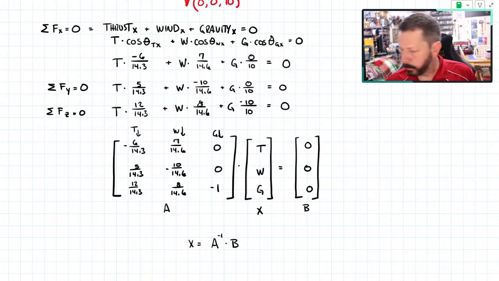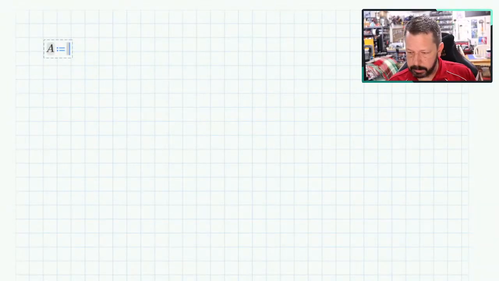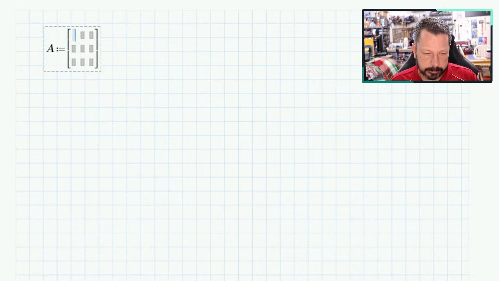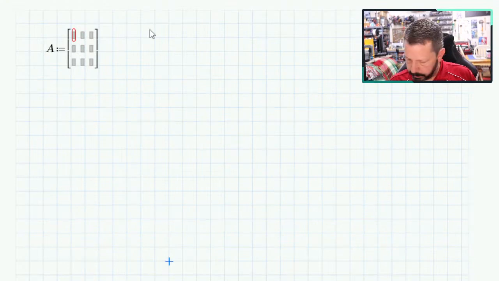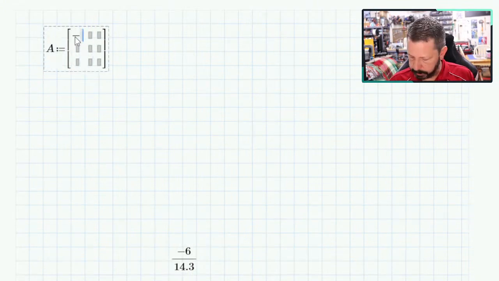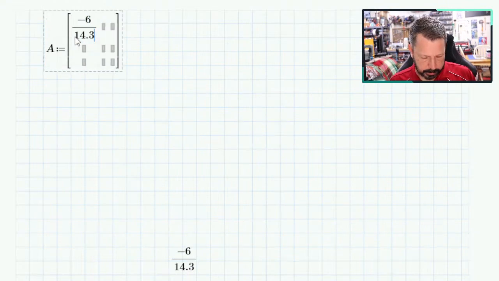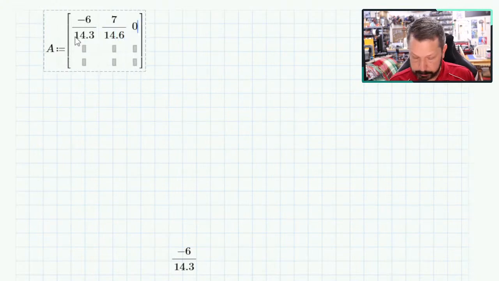A is, let me get you over in MathCAD, a 3 by 3 matrix. And the values of it are, let's see, negative 6 over 14.3, 7 over 14.6, 0. You do have to include the zeros if you have them.